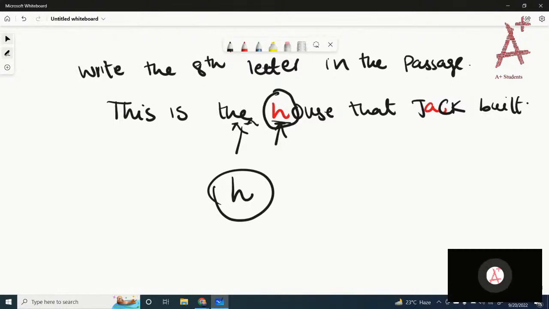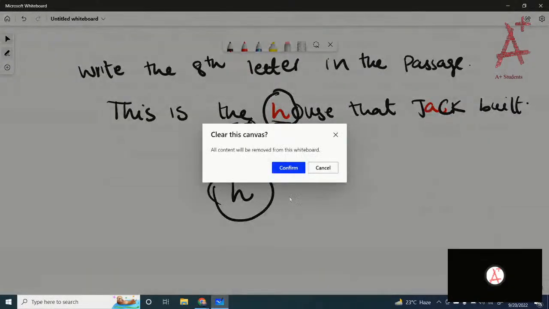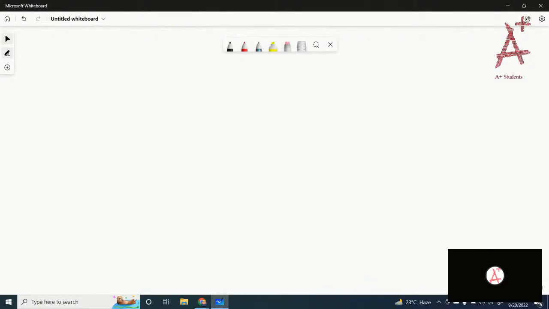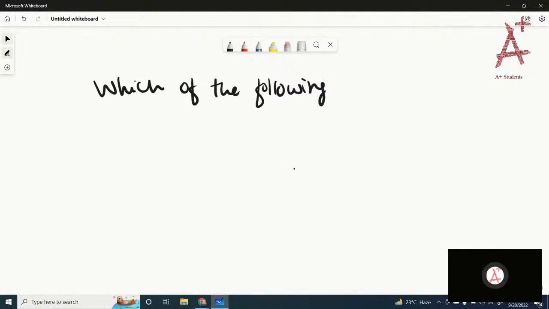Okay, the next one is, which of the following are ordinal numbers? You are given four options. You need to see which of them is ordinal. Which of the following are ordinal numbers?